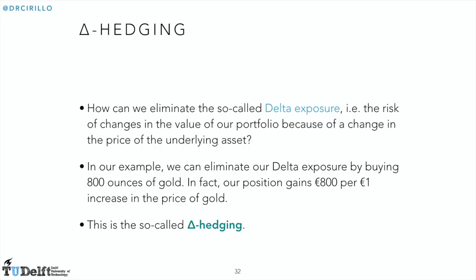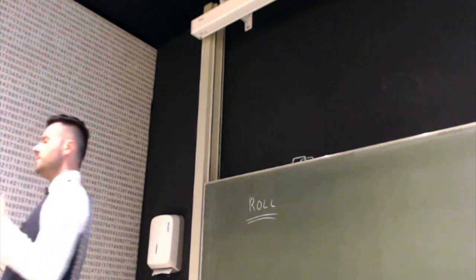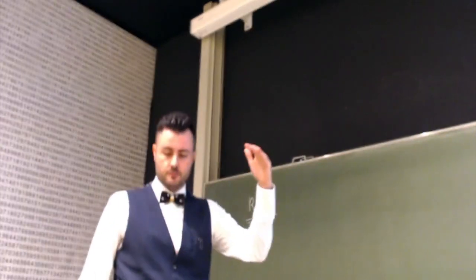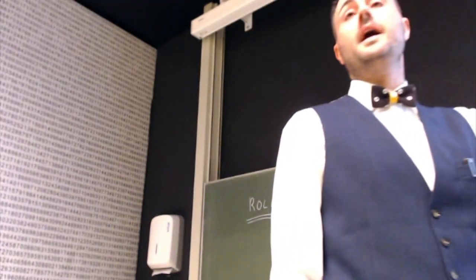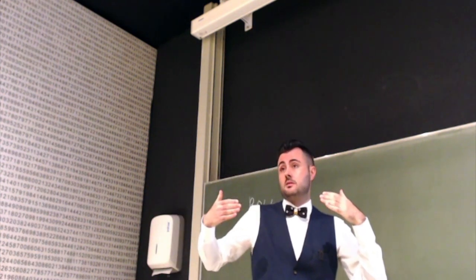What I can do is eliminate, in this specific example, the delta exposure by buying 800 ounces of gold. If I buy 800 ounces of gold and add this gold to my portfolio, what happens? If there is an increase of 1 euro in the price of gold, my old portfolio would lose 800 euros. But now I also have 800 ounces.